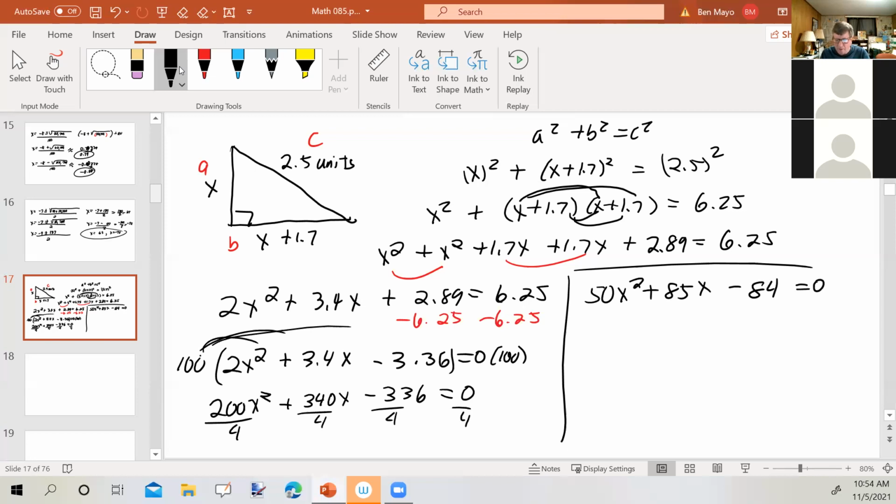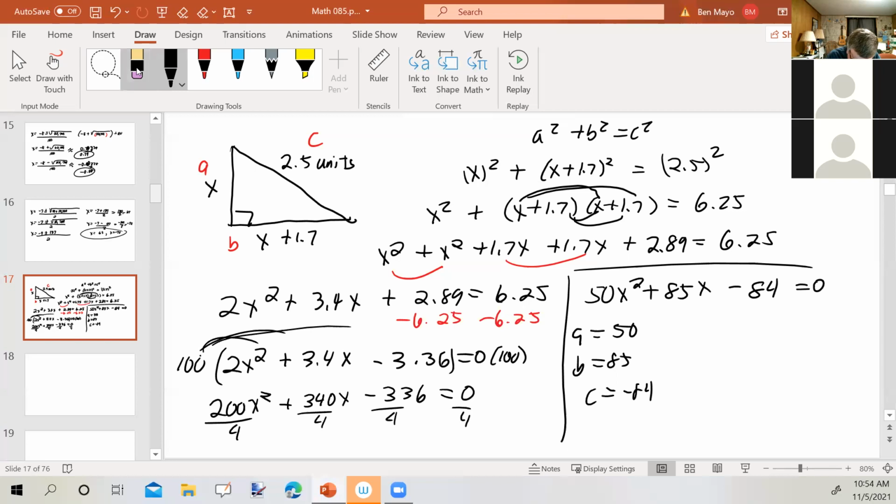Okay, so we've got our quadratic equation in standard form. We got rid of the decimals. We've reduced it down. So we're going to have A is 50, B is 85, C is negative 84.